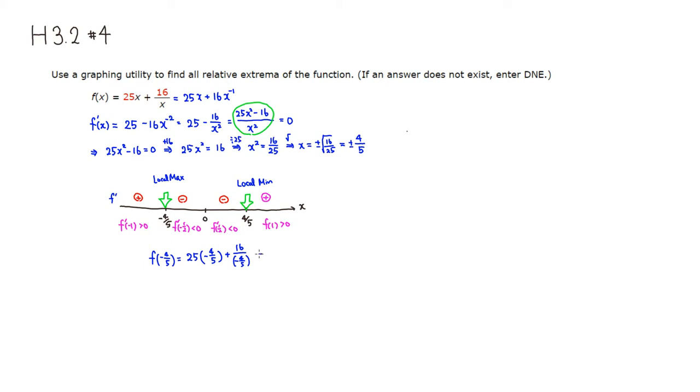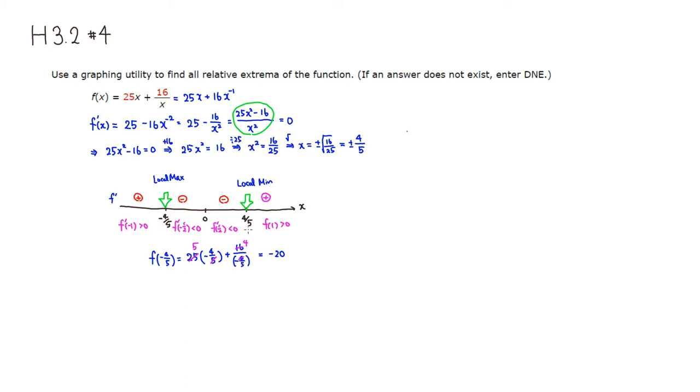Let's see, the 5 and the 25 cancel out, so you're going to have 5. Negative 4 times 5 is negative 20. Then here, we can cancel 4 and 16, so you have a 4. Then you can multiply top and bottom by negative 5 to get rid of this.